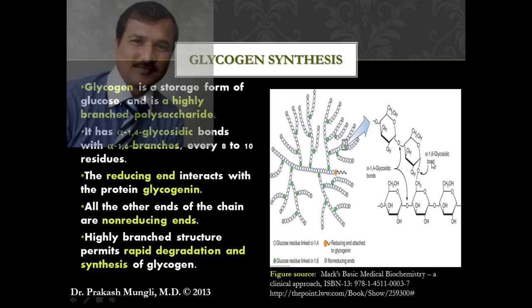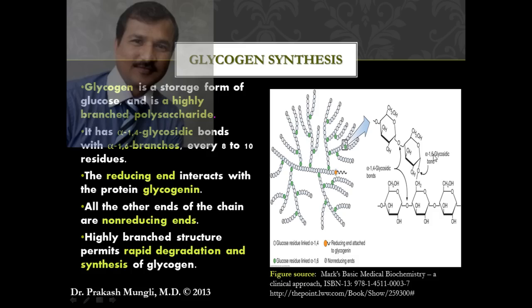Why is it called an alpha 1,6 glycosidic bond? It's because the sixth carbon of this glucose molecule links with the first carbon of the incoming glucose molecule, and that's why it is an alpha 1,6 glycosidic bond.